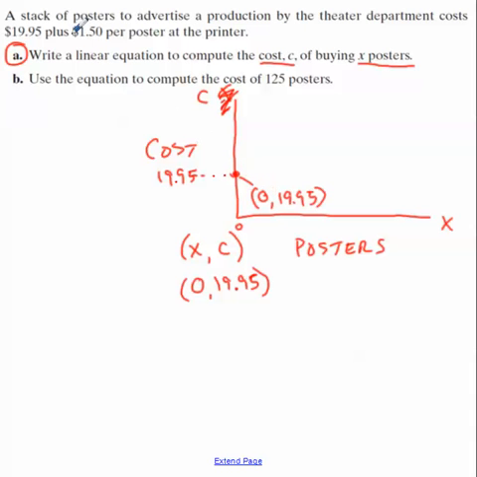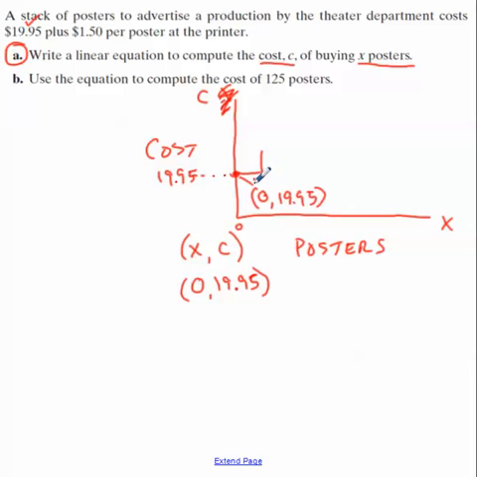Let's see, it's $1.50 per poster at the printer. We've kind of used this information already. So now we've got $1.50 per poster at the printer. If we step one poster forward, what's the additional cost here?